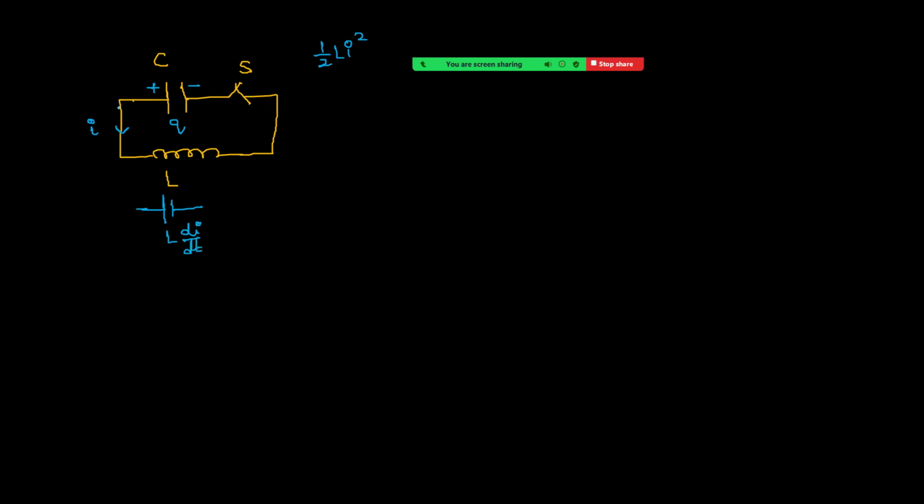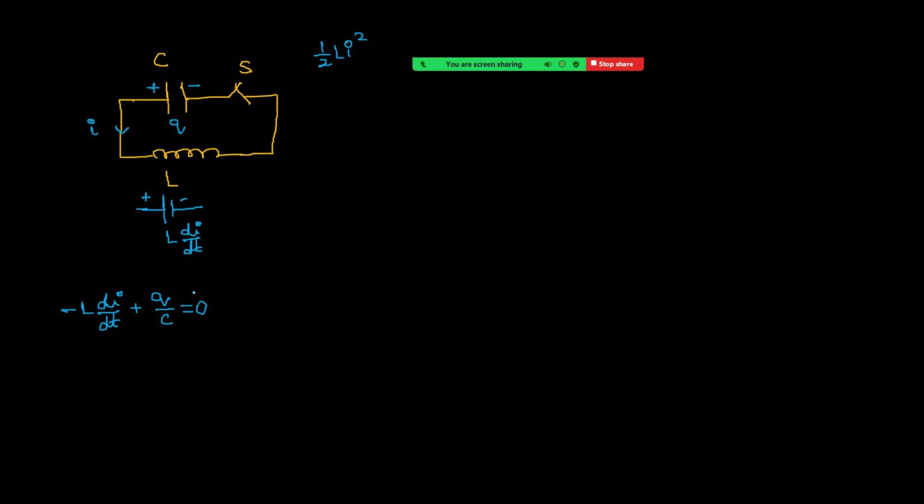So we are moving from high potential to low potential, so right here minus L di by dt. Next we are moving from low potential to high potential, plus Q by C. This is equal to 0.